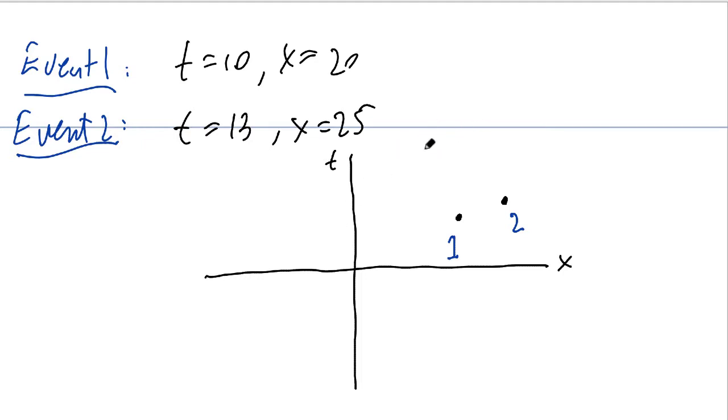Before I go on, let me make a remark about this diagram. This is referred to as a space-time diagram, and it's just a plot of the points in the space-time of the coordinates t and x. So each point in this diagram refers to an event in the space-time. But be careful, don't assume that this diagram tells us anything about the geometry of the space-time.